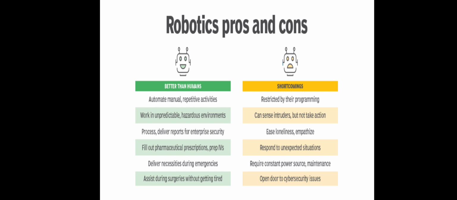Some of the pros and cons of robotics are: pros are better than humans, automate manual and repetitive activities, work in unpredictable hazardous environments, process and deliver reports for enterprise security, fill out pharmaceutical prescriptions, deliver necessities during emergencies, assist during surgeries without getting tired.